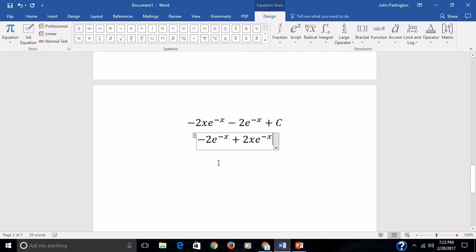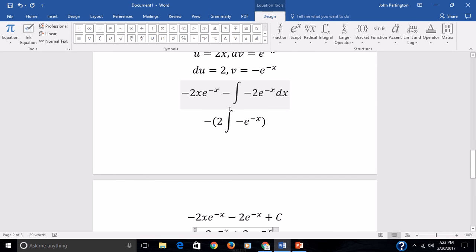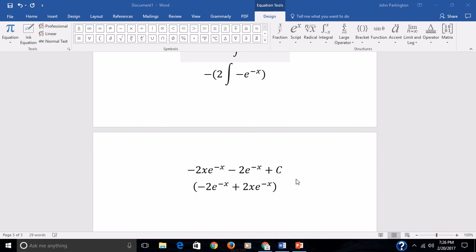Then we're going to subtract the derivative of 2e to the negative x. We're going to have two negatives, which is going to make a positive 2e to the negative x.